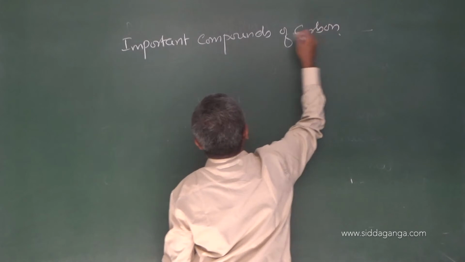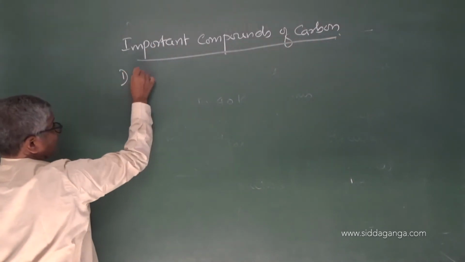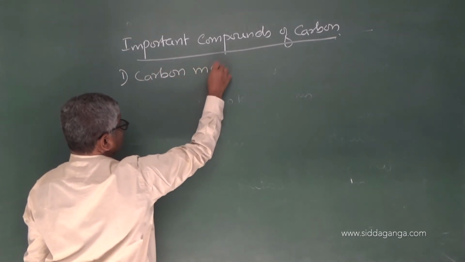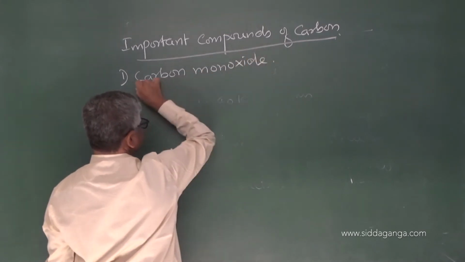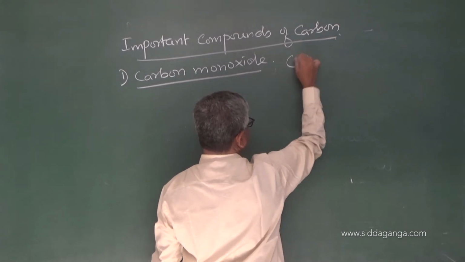In important compounds of carbon, the first compound is carbon monoxide. The formula is CO.